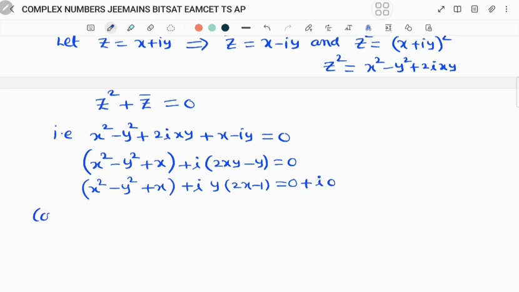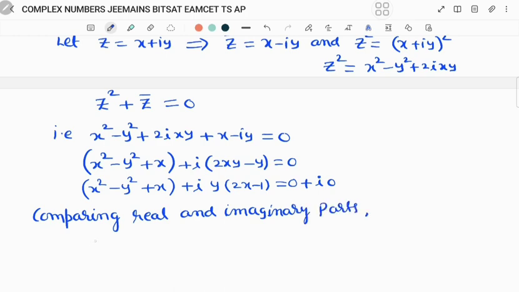Comparing real and imaginary part: x square minus y square plus x equal to 0 and y into 2x minus 1 equal to 0.